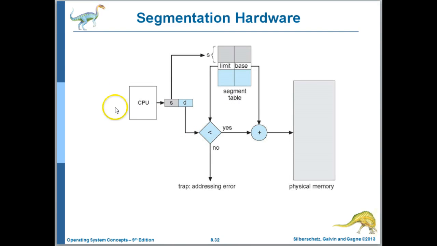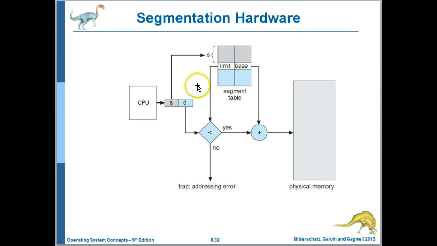So here's an example. The CPU generates a logical address, which is an ordinary 32 or 64-bit address with some of the higher order bits being reserved for indicating the segment number, and then the lower bits being used for the offset.